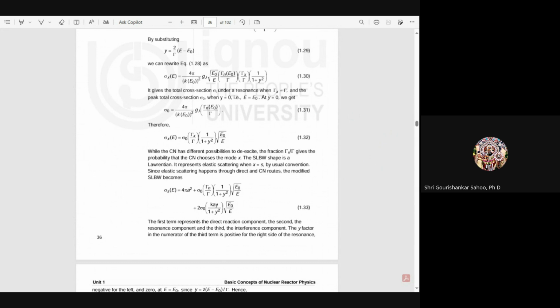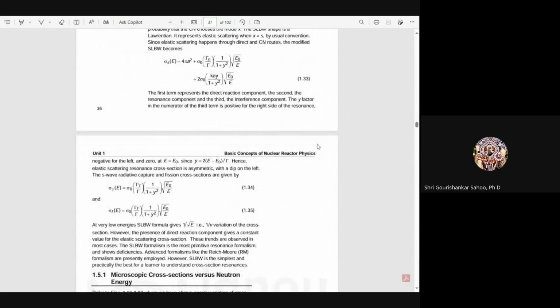And your y factor in the numerator in the interference component is positive for the right side of the resonance and negative for the left side, and 0 otherwise, where E is equal to E0.